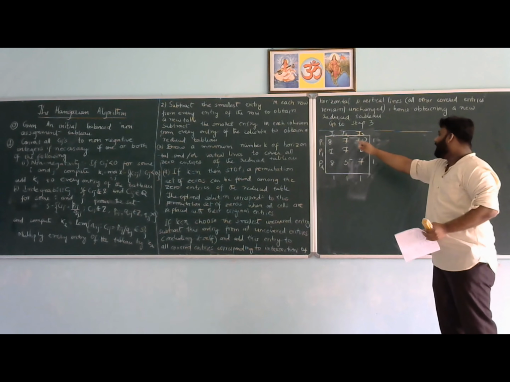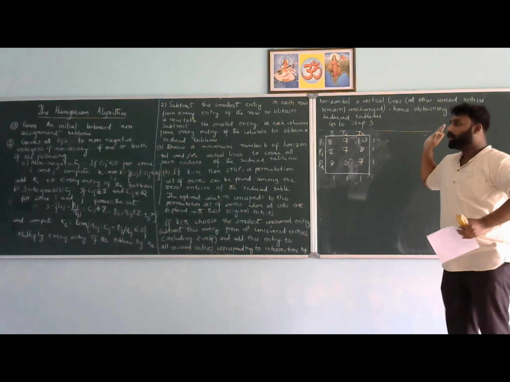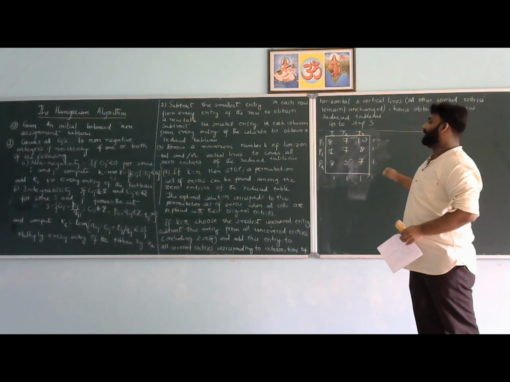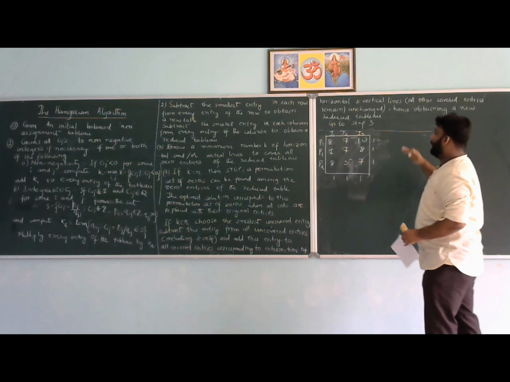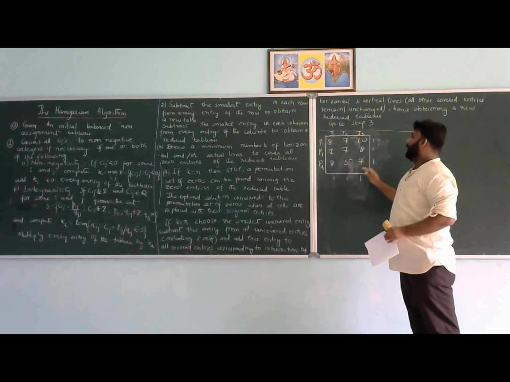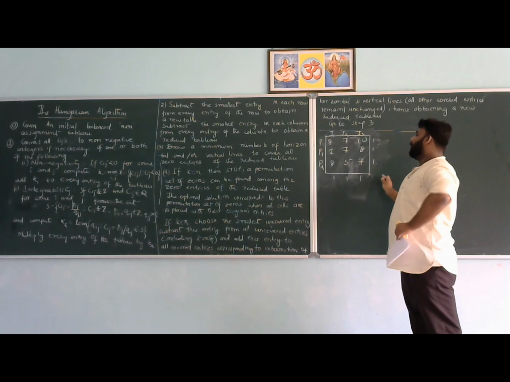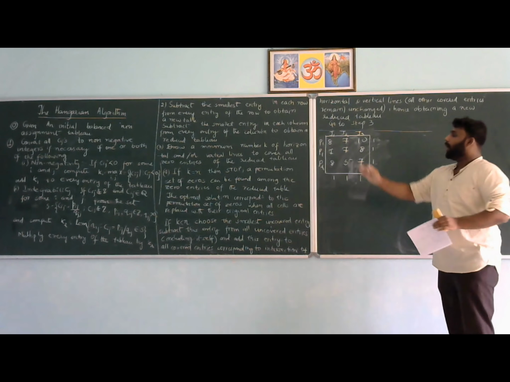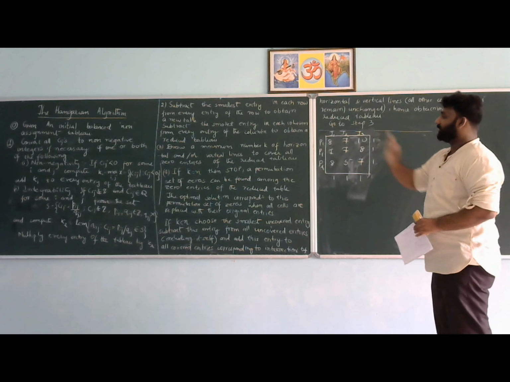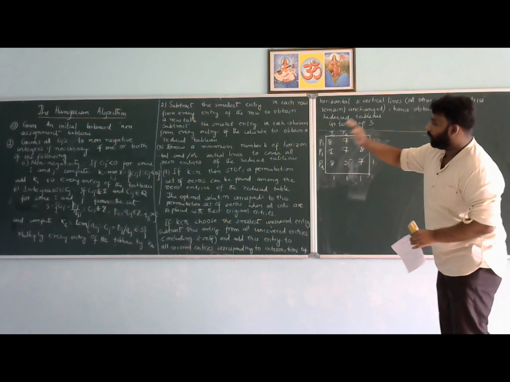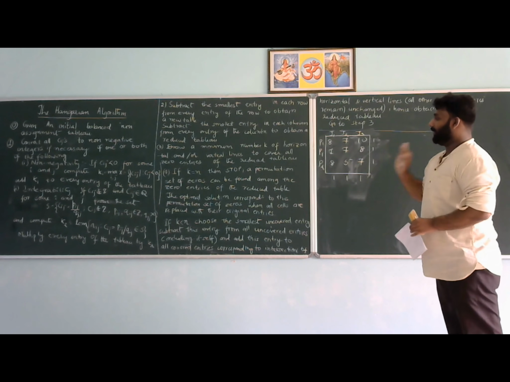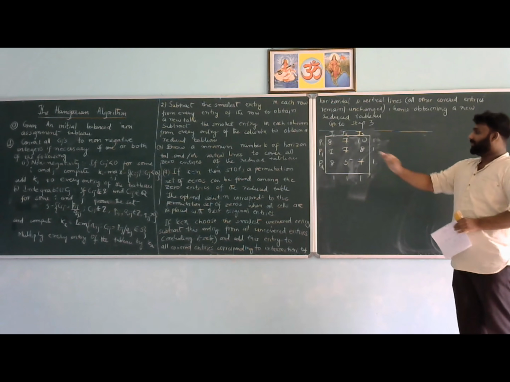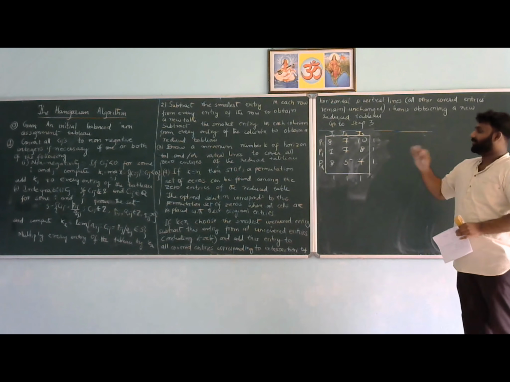What is n here? That is 3, right? Okay. Now convert all Cij's to non-negative integers if necessary. Is there any necessity of converting the entries into non-negative? No, we already have non-negative integers. So no need to apply step 1 or 2. No need to compute. None of the steps is required here.